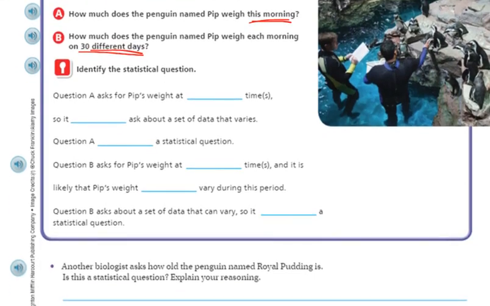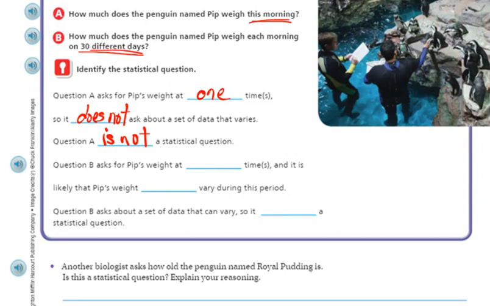Question A asks for Pip's weight at one time. Okay, so it does not ask about a set of data that varies. Question A is not a statistical question. All right, and that's just because you're going to get one weight. Maybe Pip weighs 4 pounds on that morning. One number, one answer, not a statistical question.